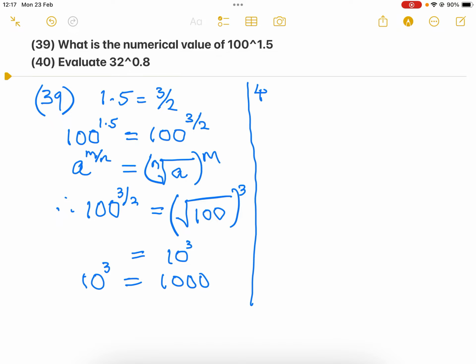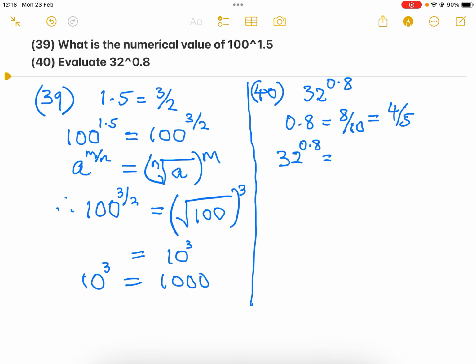Let's go to question number 40. Evaluate 32 raised to power 0.8. 0.8 is the same as 8 over 10, which is 4 over 5.